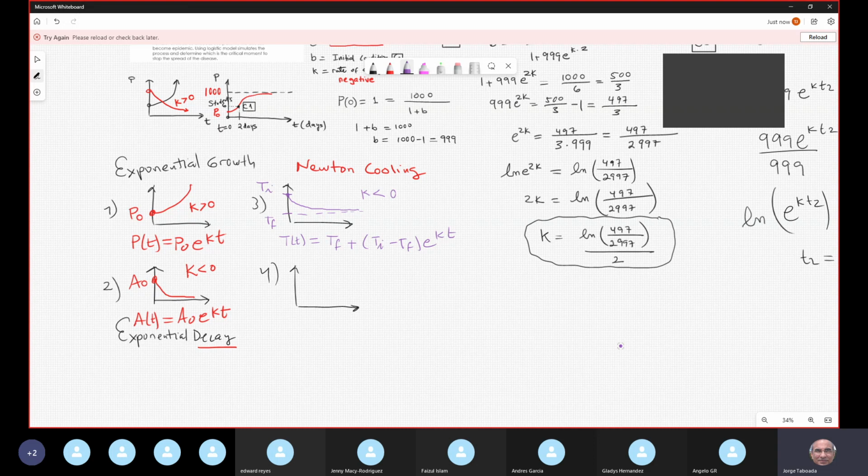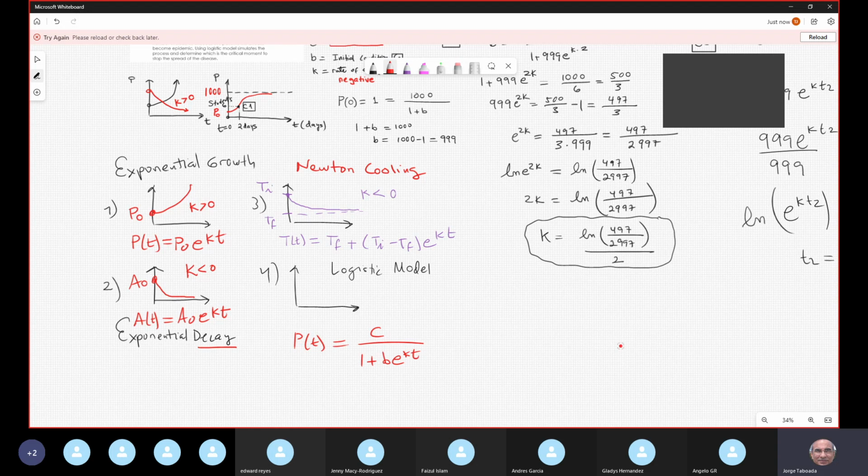And finally, the logistic model. The formula is a little bit different. The population at any time is equal to C, which is the carrying capacity, over 1 plus B e to the kt.